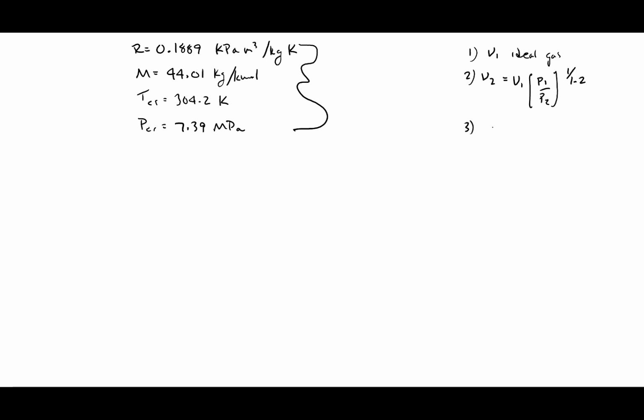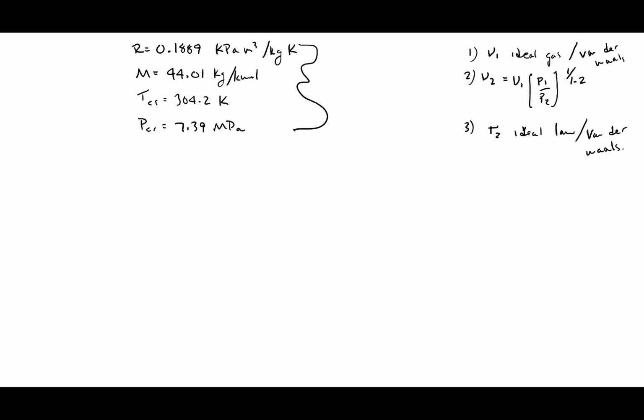And step 3 was to calculate T2 from the ideal gas law, and then second from van der Waals. So I'm going to specify ideal gas and van der Waals, and same thing with this one.